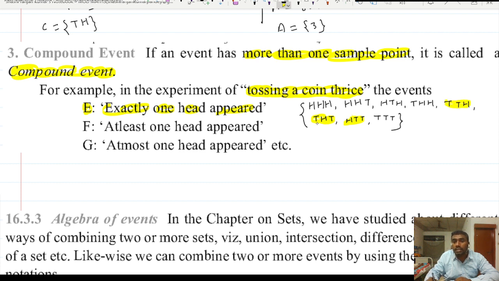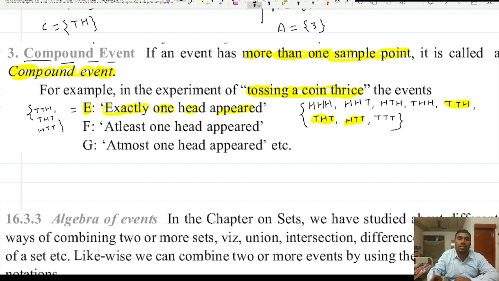So all three will be considered as the elements of our event. The elements are TTH, THT, and HTT. How many simple points are there in this event? 3. So that is called a compound event, meaning more than one simple point is there.